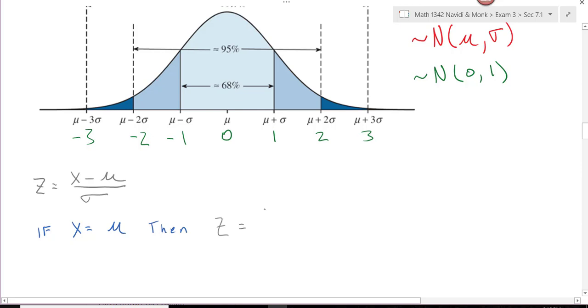Z equals X minus the mean divided by the standard deviation. Because I said X was equal to mu, I would replace X in this formula right here with mu. And what is mu minus mu? 0. And 0 divided by the standard deviation is 0. Notice when X was equal to mu, I said that the standard normal distribution is 0.